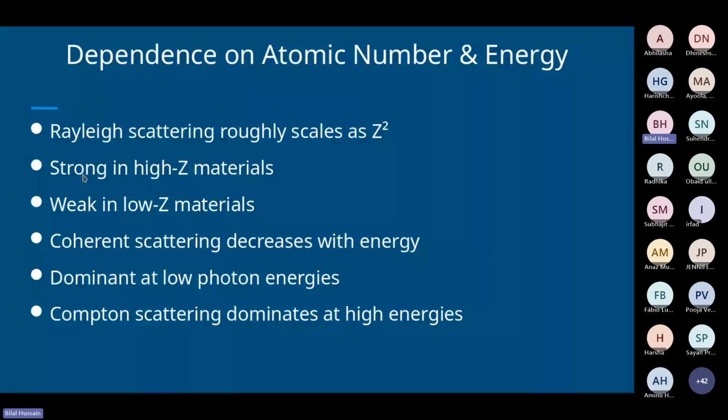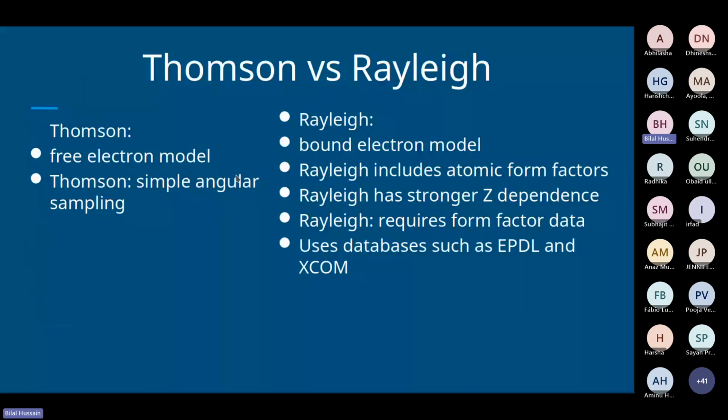It is weak in low atomic number materials, and coherent scattering decreases as the energy increases. But at low photon energy, it is dominant. Compton scattering dominates at high energies because as you go higher, coherent scattering decreases and incoherent scattering increases. The comparison between these two is this is the free electron model.